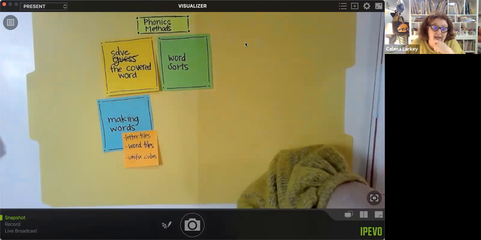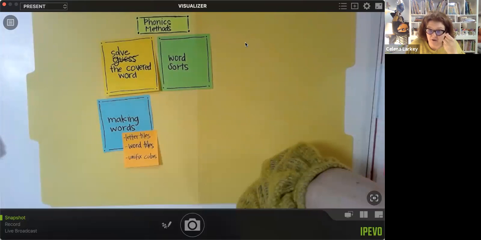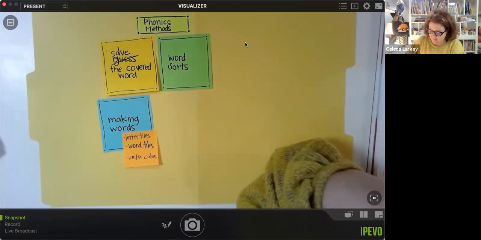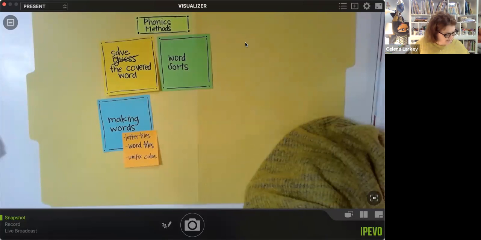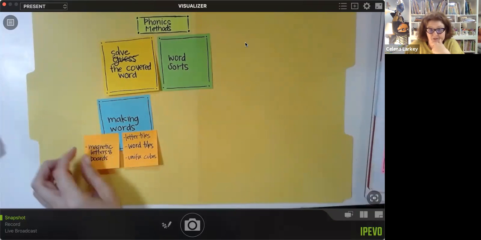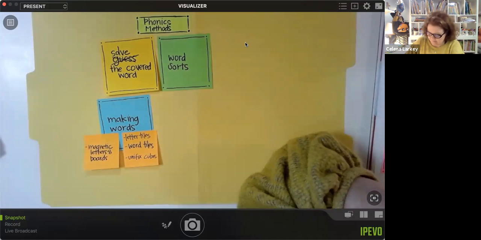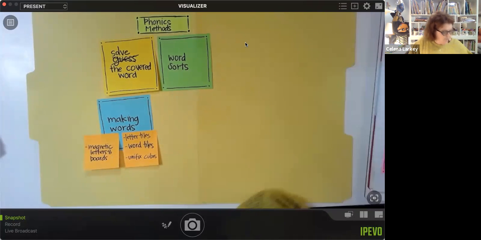Sometimes it will say, get Unifix cubes and write a letter on one and different parts, or different phonograms on the other. Another tool that kids might use for making words are those magnetic letters and boards to make words and to break words, as well as whiteboards and markers.